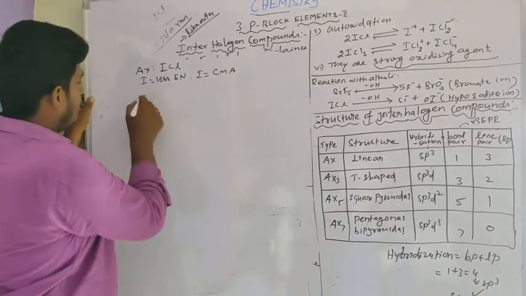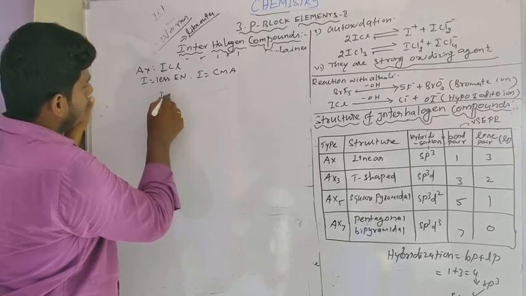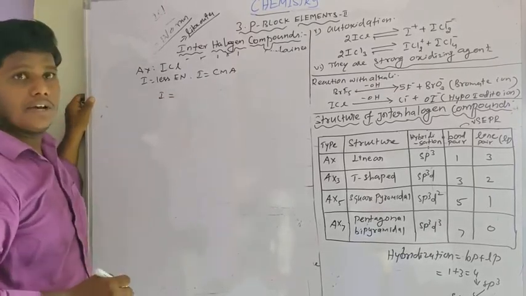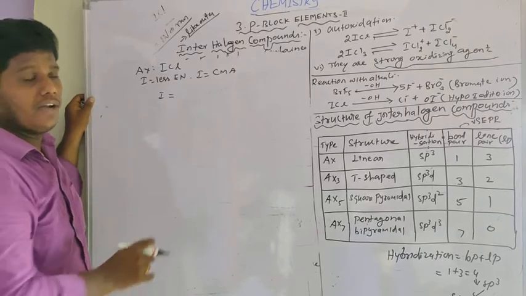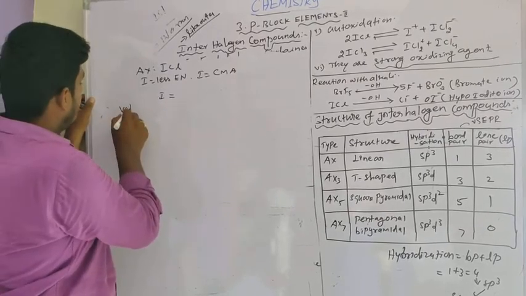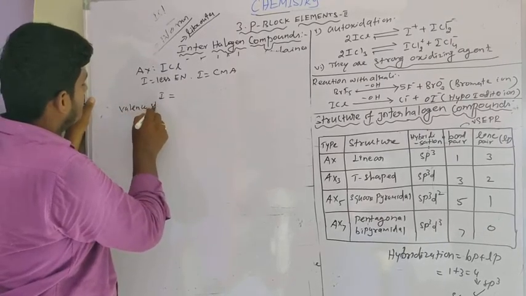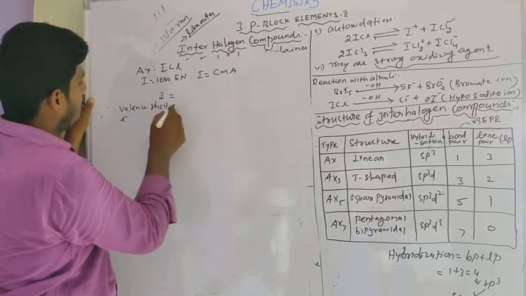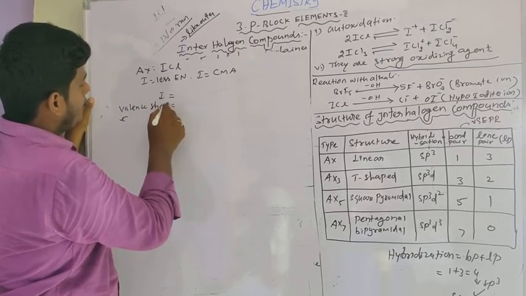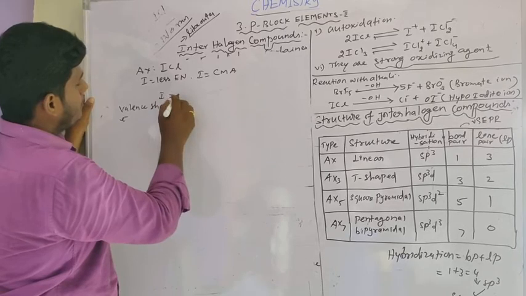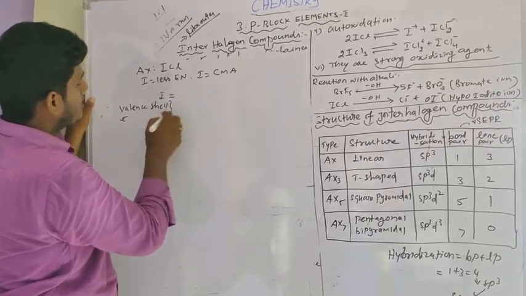So iodine, the central metal atom. The valence shell electrons for iodine equal 7.